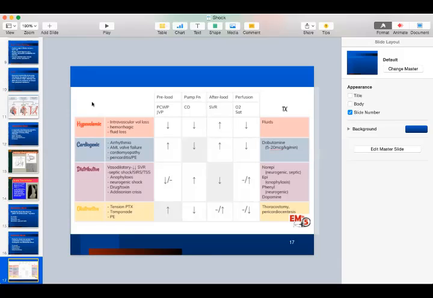Preload, the PCWP, pulmonary capillary wedge pressure, which is basically the approximation of the left atrial pressure, is decreased. Cardiac output is also decreased as a result. Systemic vascular resistance, seen in the afterload, is increased.